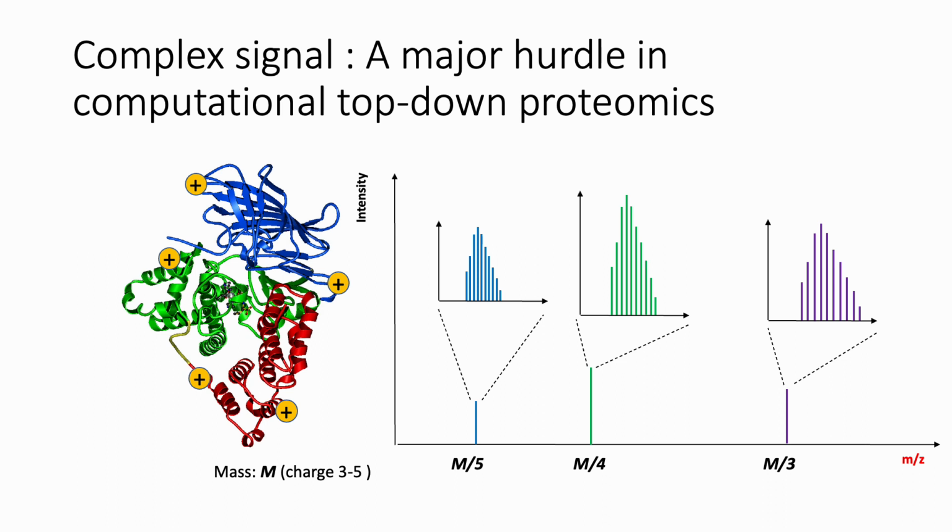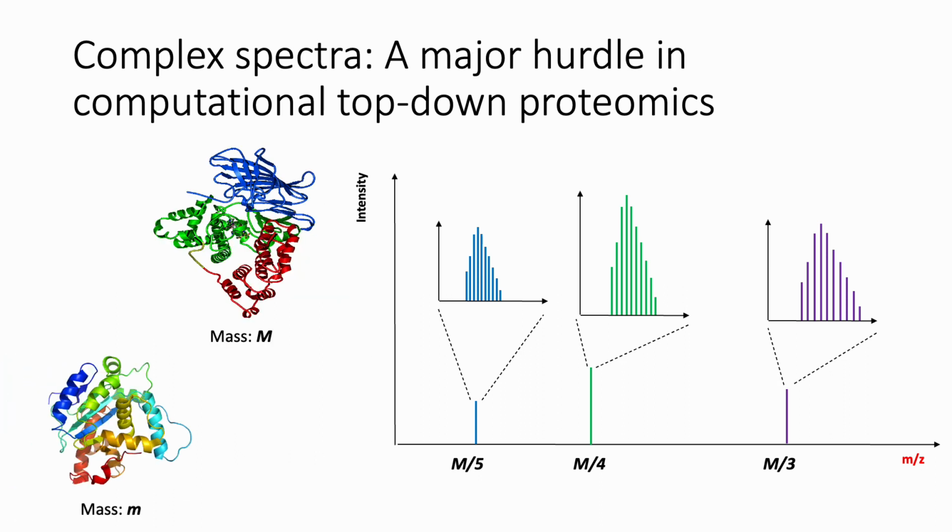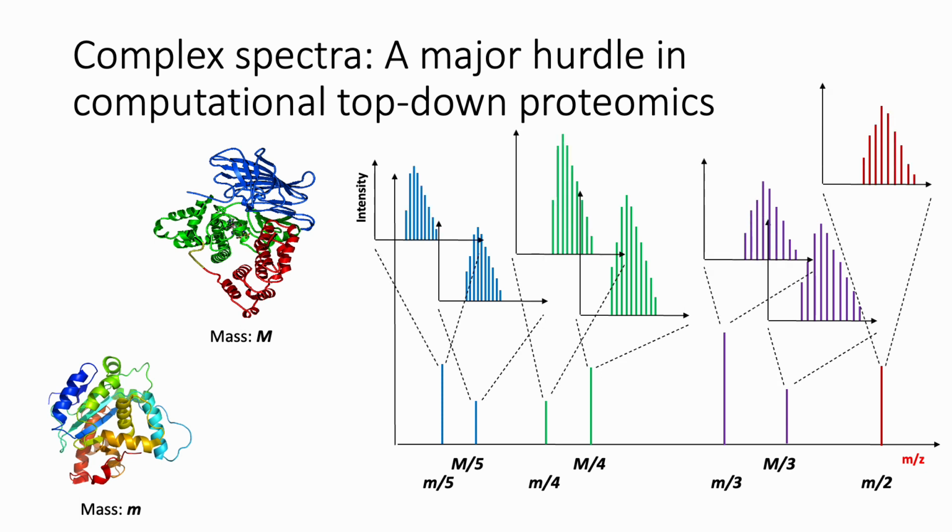So a single kind of proteoform ion often results in more than 100 peaks in the spectrum. This illustration shows only 3 charge states, but we often observe more than tens of charges from a single kind of proteoform. And when multiple proteoforms are present in the spectrum, more charged ions will be there along with their isotope peaks.